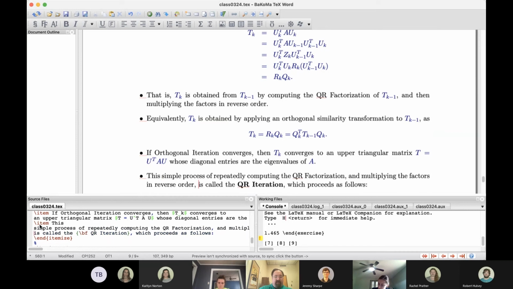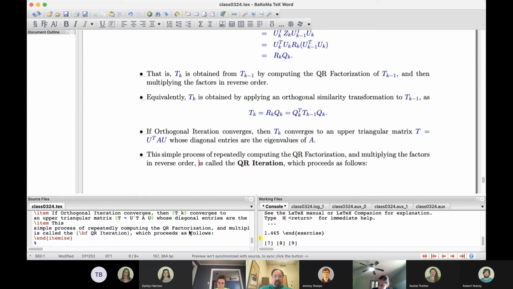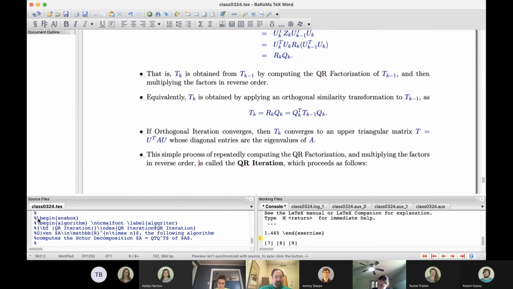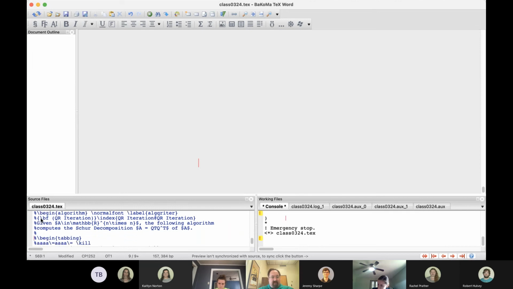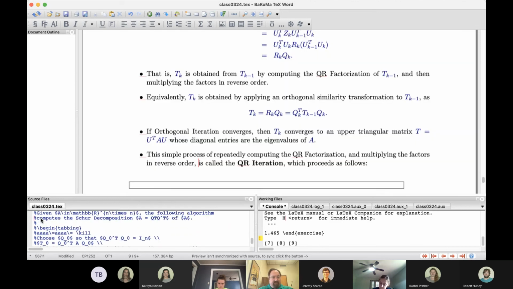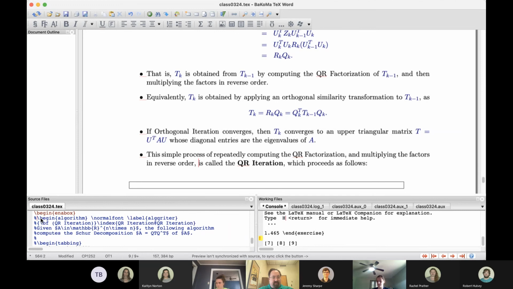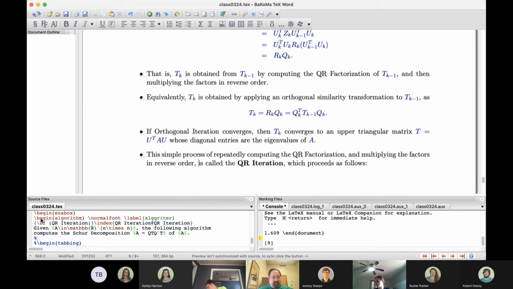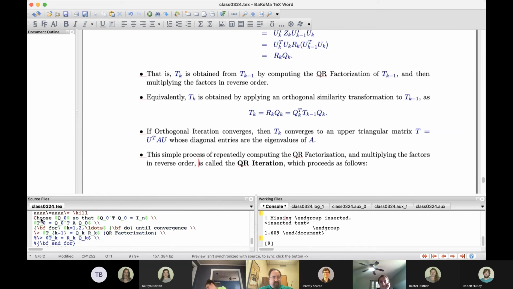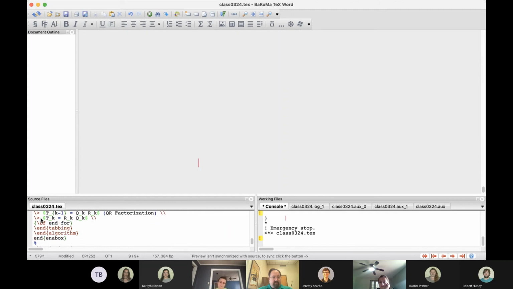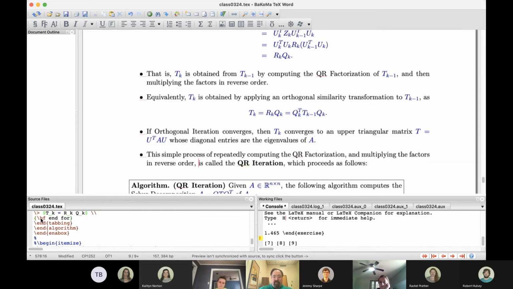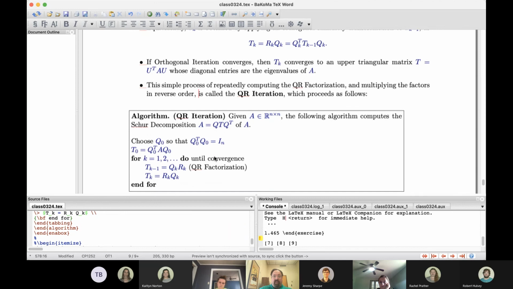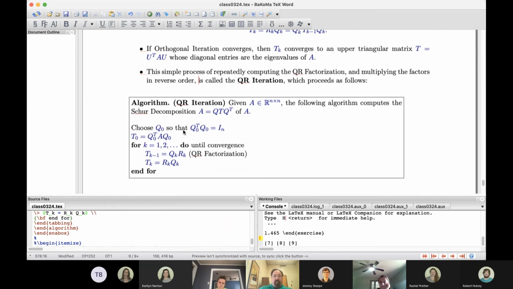Now this leads to what is called the QR iteration, another short algorithm for computing eigenvalues. So we've come up with an orthonormal matrix; you can always just choose identity.